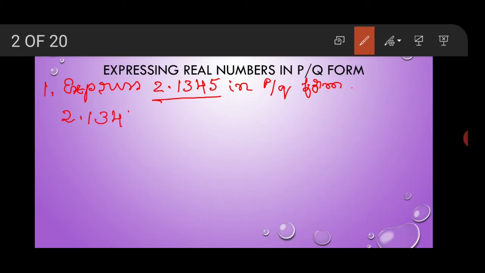Now we have to write it in p by q form, so it should contain a numerator and a denominator.